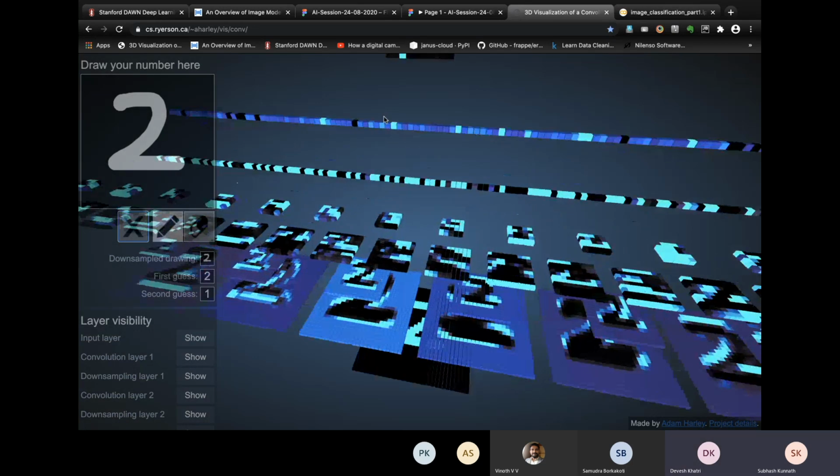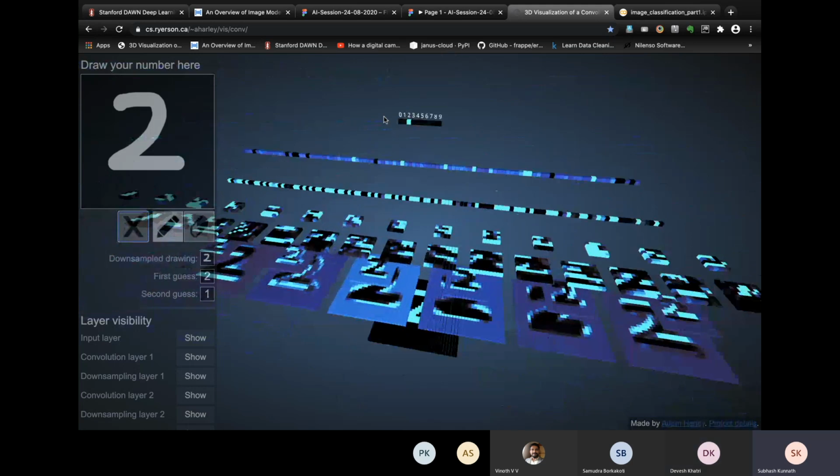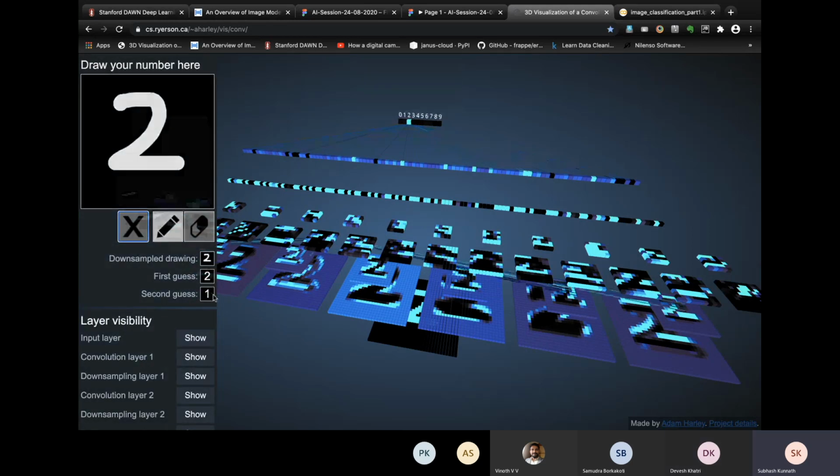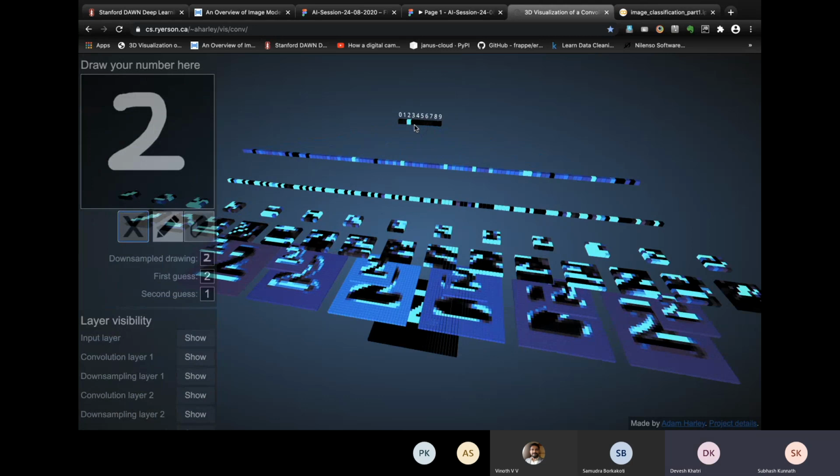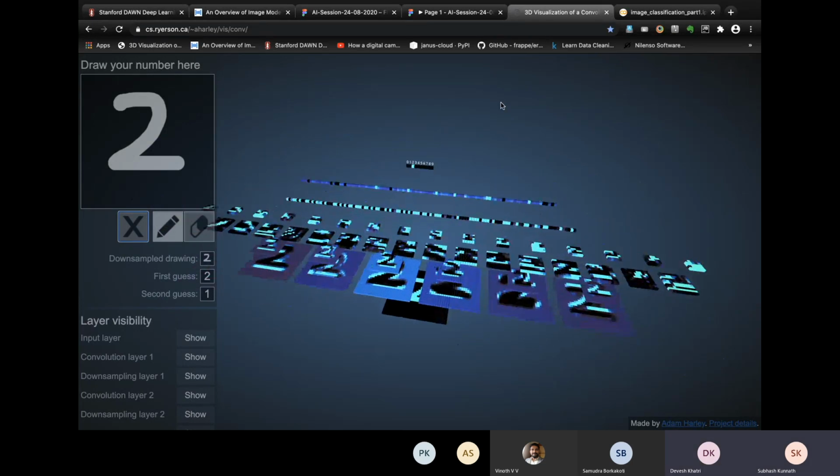In this case, the machine is saying with 90% confidence that this is a two. If it's a blurred image, it may say it's a one with 40% confidence, a two with 30% confidence. Multiple options will be there. Okay.